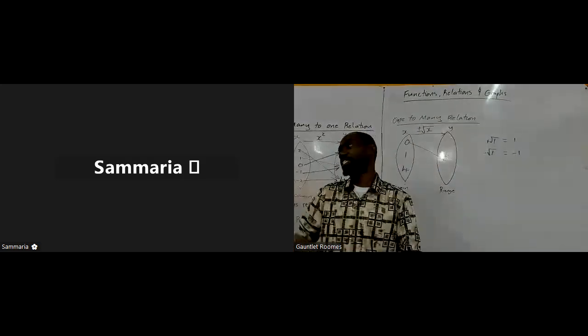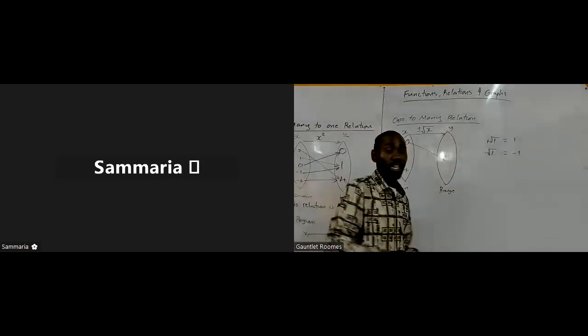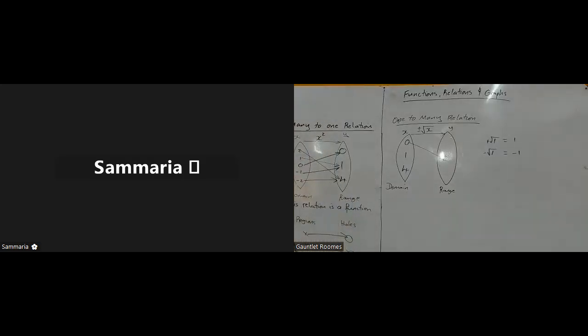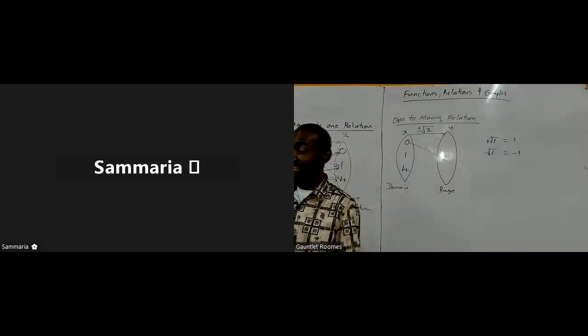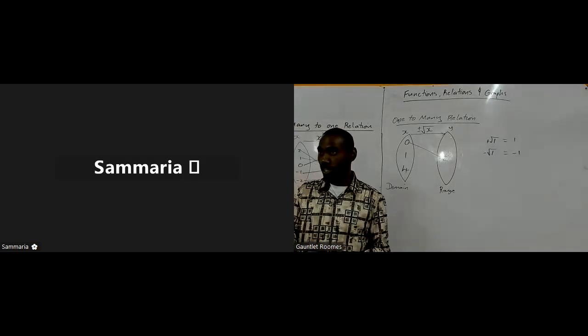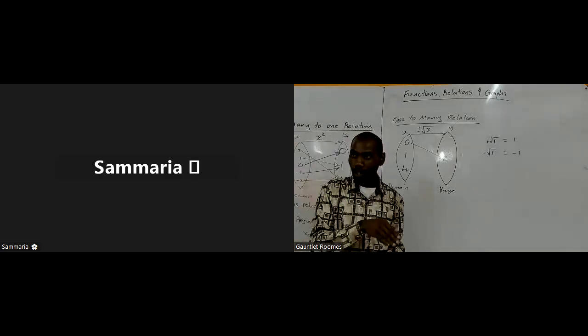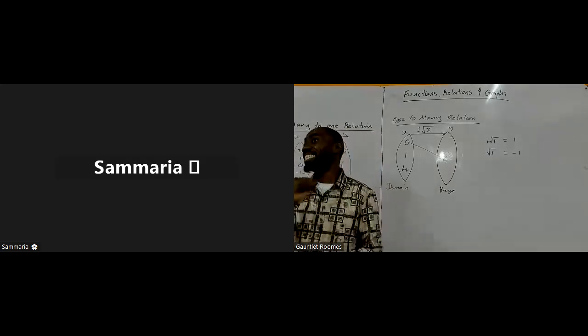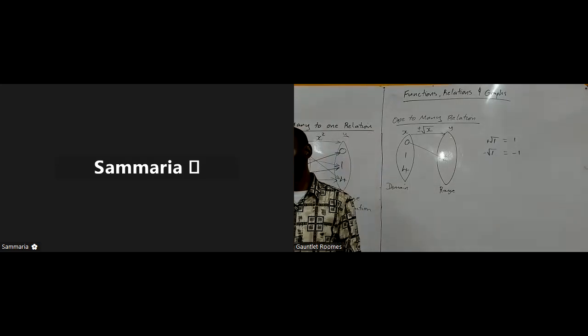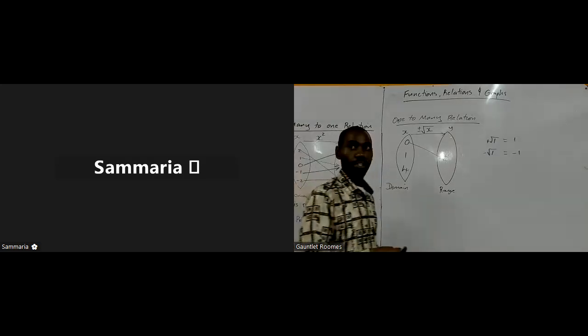Well, it is impossible for you to take the square root of a negative number. It does not exist. Try that, the calculator is going to say syntax error. You cannot take the square root of a negative number, but you can take the negative square root of a positive number. Right.